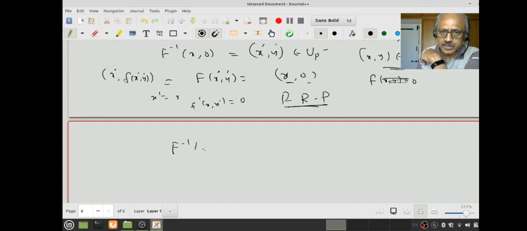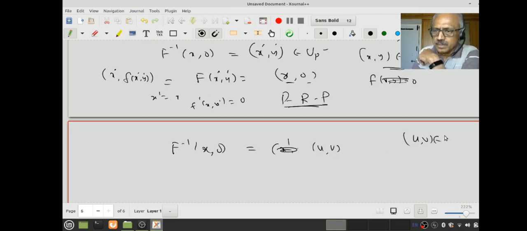I know F inverse of (x, 0) is some point (x', y'). Maybe let me call it (u, v), where u is in R^n and v is in R^k, contained in R^n cross R^k. Now I want to say that u is equal to x and f(u, v) is 0. These are the two things I want to claim.